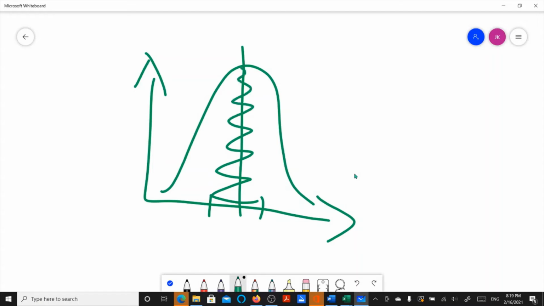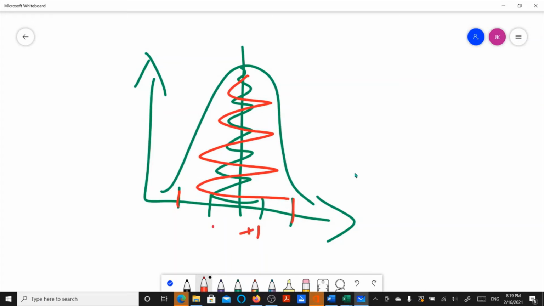And so this here would be 2. So this is 1 plus 1, minus 1, minus 2, sort of standard deviations.